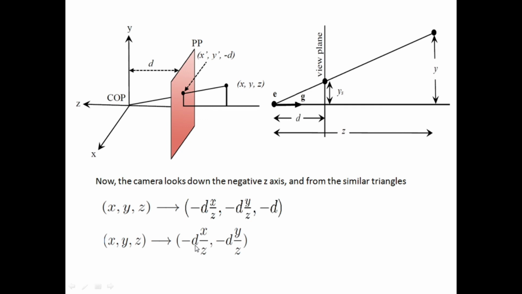So d by z into x is giving me the pixel x coordinate, and d by z into y is giving me the pixel y coordinate. This small x and this y are the scene coordinates of x and y. So minus d by z into x gives the pixel x coordinate, and minus d by z into y gives the pixel y coordinate.